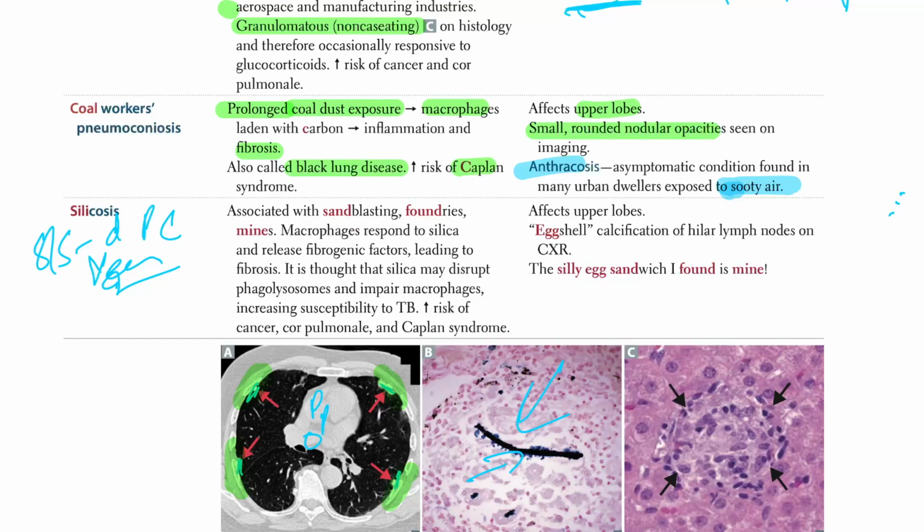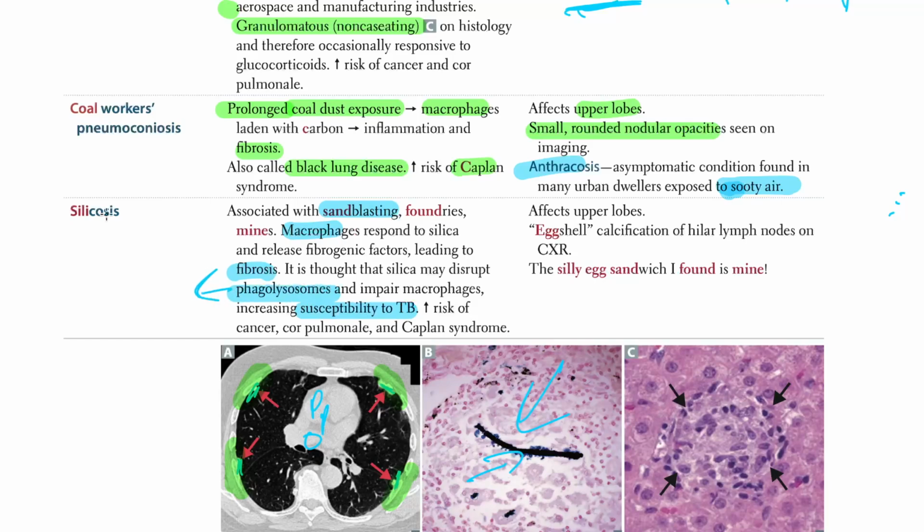So let's highlight a couple of features, recall, move on. Silicosis, sandblasting, macrophage response and fibrosis after it responds to the silica. What that silica is going to do within the macrophages is mess up the phagolysosome, causes increased susceptibility to tuberculosis.